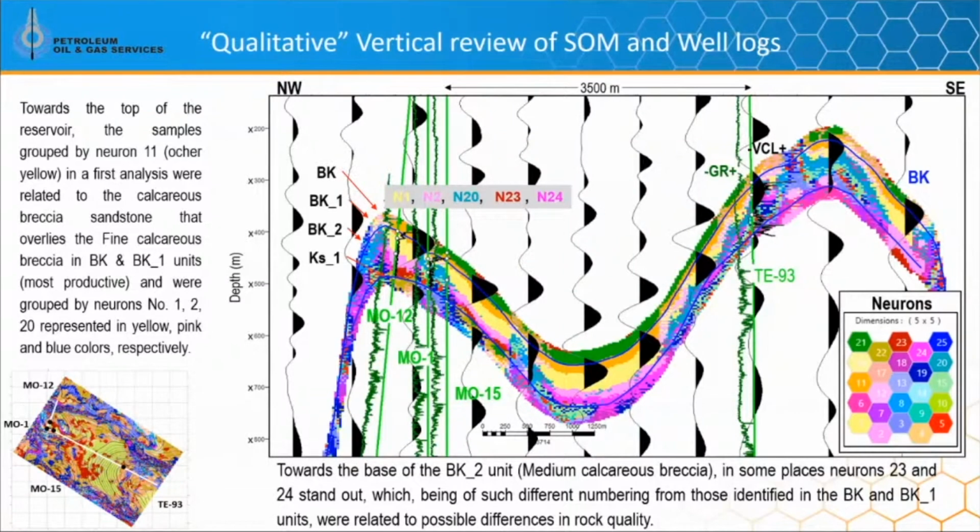In some places, neurons 23 and 24, kind of pink and in some places blue, stand out, being of such different numbering from those identified in the upper sections or units of this reservoir. These changes seem to be responding to possible differences in rock quality.